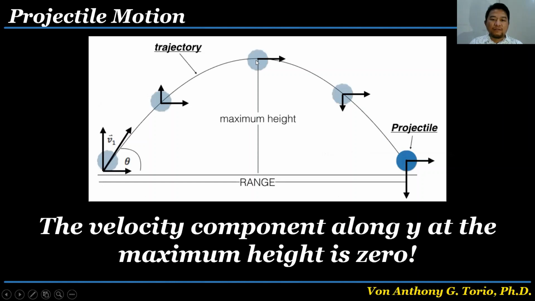And though the velocity component along y is 0 at the maximum height, there still is motion. And that motion is associated with the horizontal motion of the projectile, which is constant in terms of velocity. Again, notice that this arrow here symbolizes that the projectile is still moving.